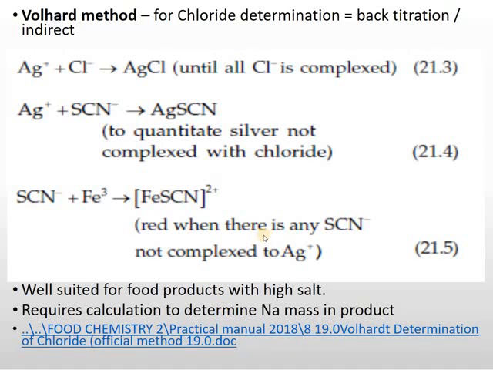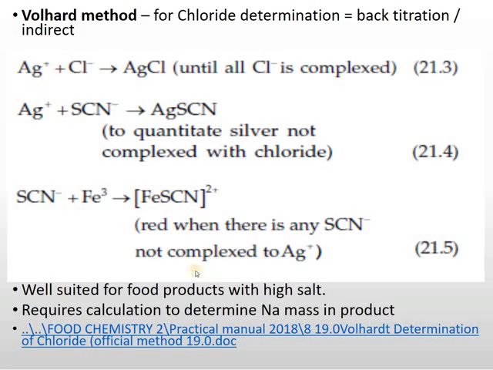Like I already mentioned, in terms of your products, Volhard's method is well suited for products with high salt, and it can analyze a range of different food products, especially complex products like meat products, because there's a boiling step that is required to extract the analyte, which is your sodium chloride, from the matrix of the food.